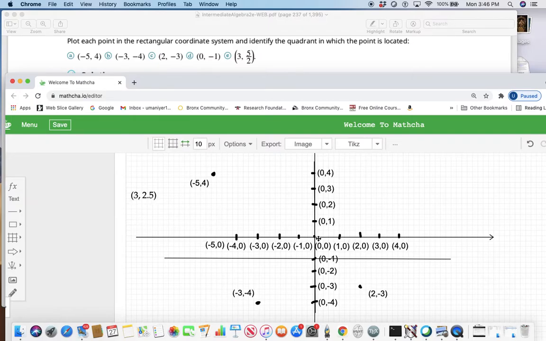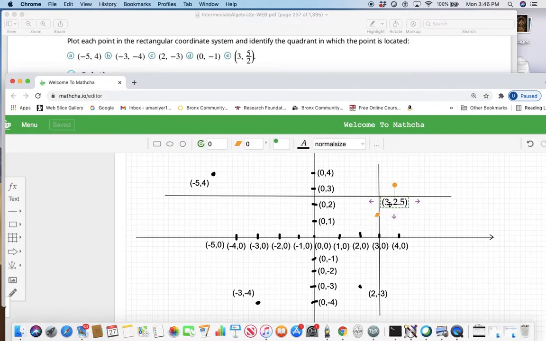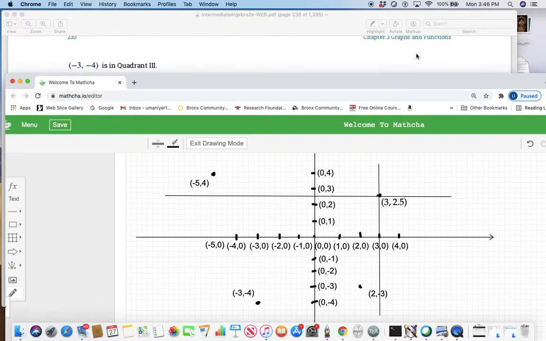So somewhere there is 3 on the x-axis. And y coordinate is 2.5. 2.5 is somewhere there. So the intersection of these two lines is your chosen point. All right. Continuing.